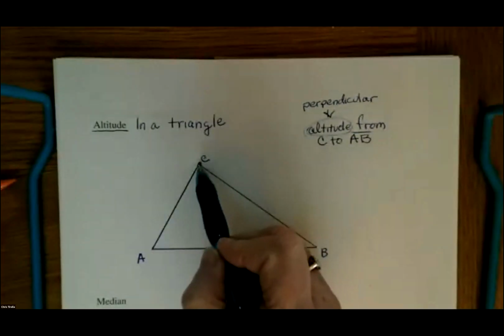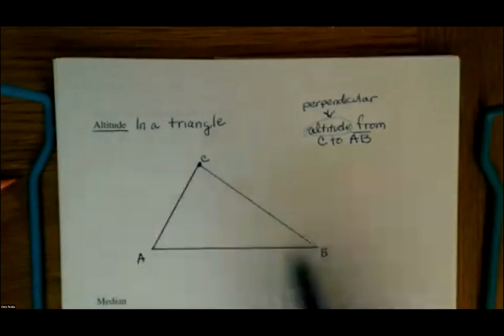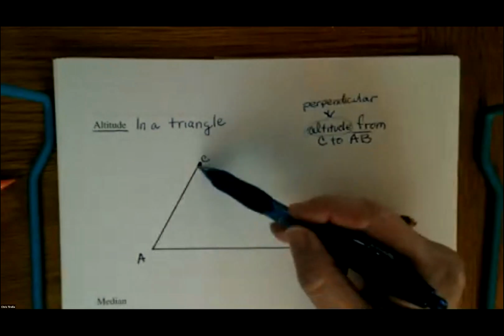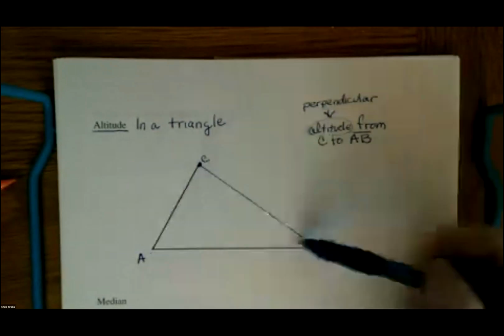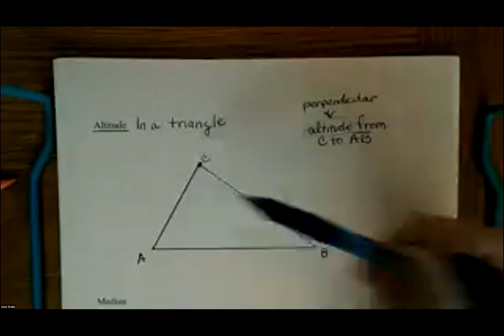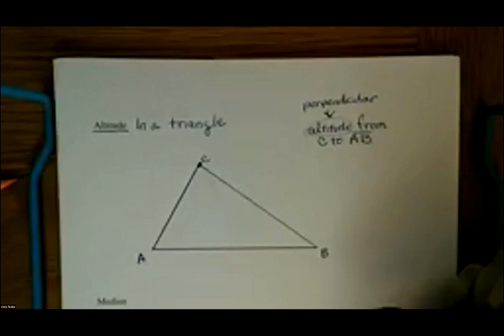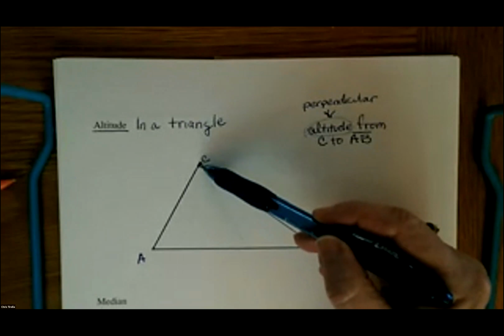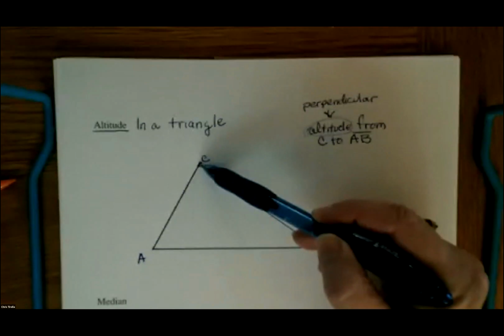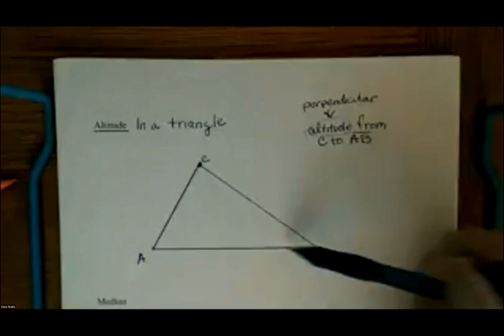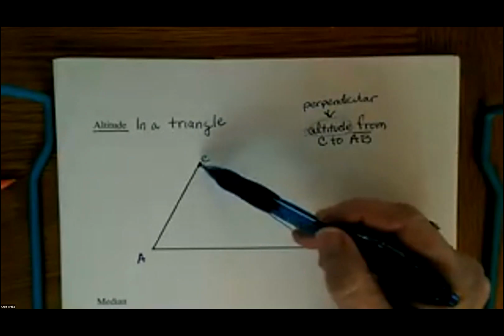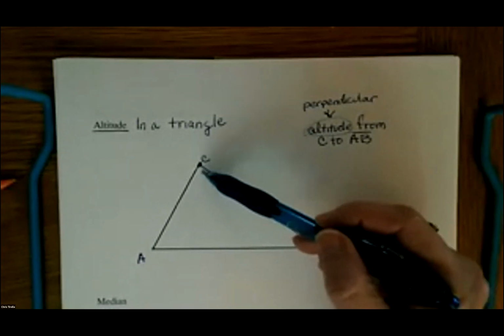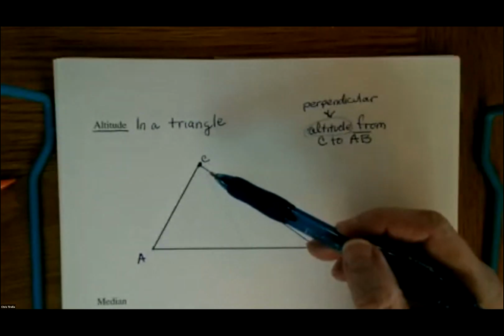Well, is C on AB or is C off AB? I don't think C is a point on line AB. So what we've got here is a point off a line.